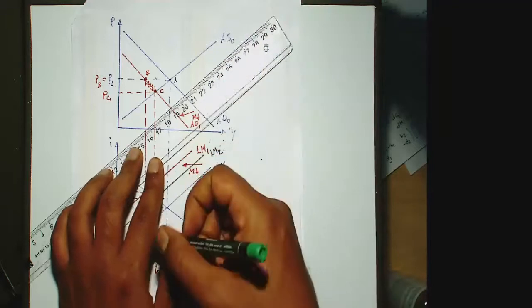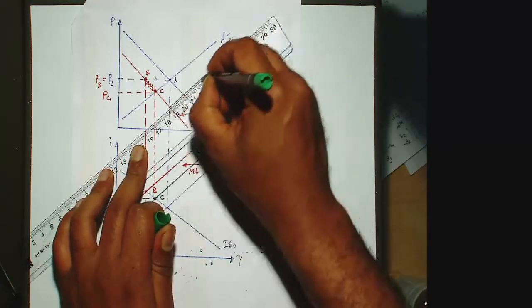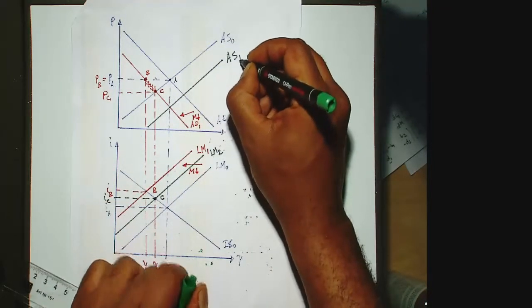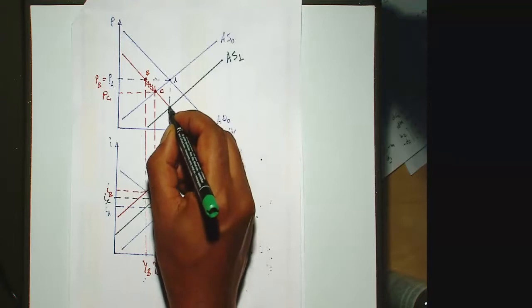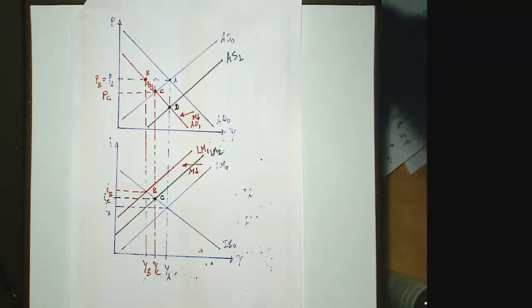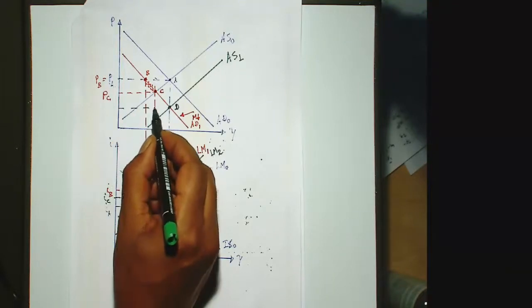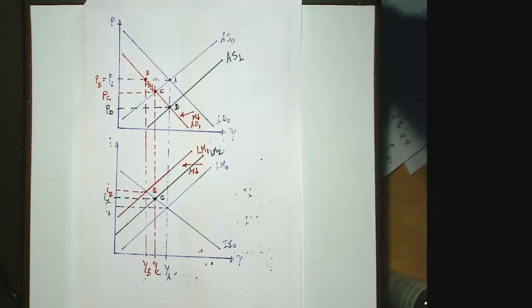So this is again to say our aggregate supply curve would shift outwards, or would increase, to a curve which is represented by AS1. So here we would have a new equilibrium indicated at point D. And at point D, we have a new price level indicated as PD.